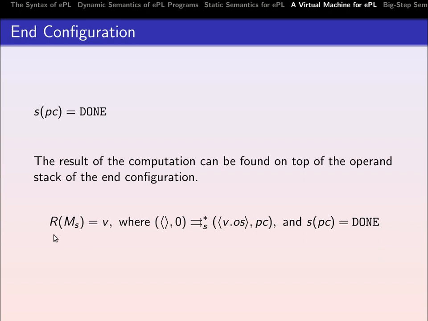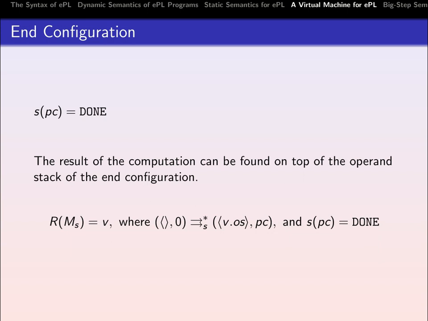So we're going to say that the result of the machine is the value V if we started from a point where the stack was empty and the program counter was 0, and by multiple one-step transitions, we have reached a point where the value V is at the top of the stack, and PC indexes the instruction done.